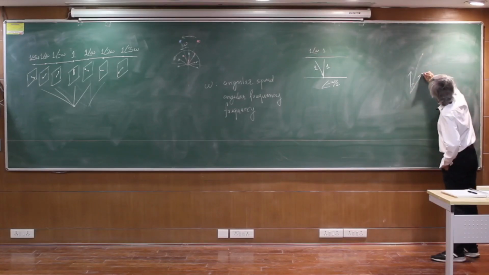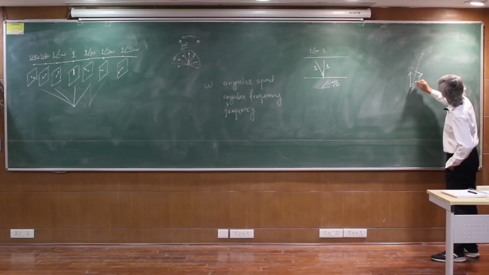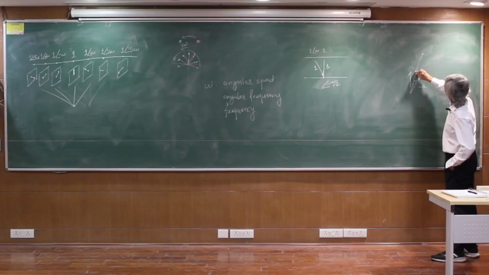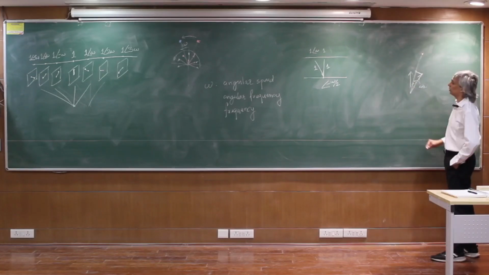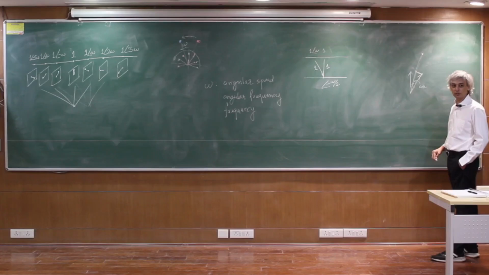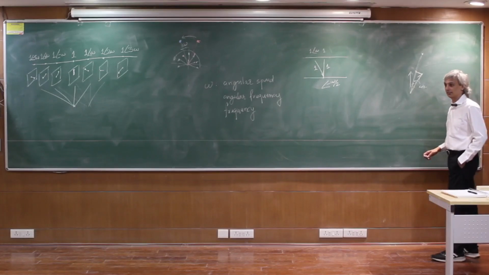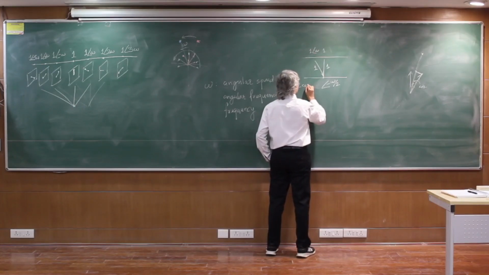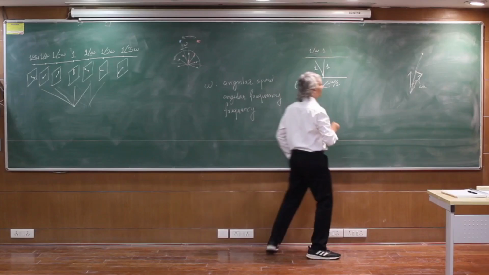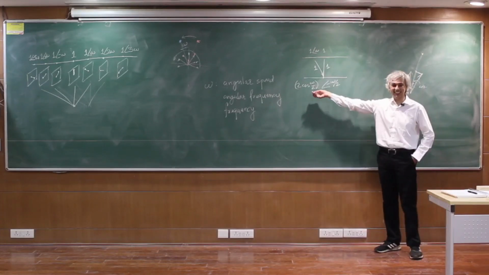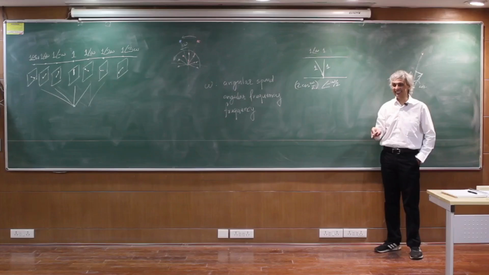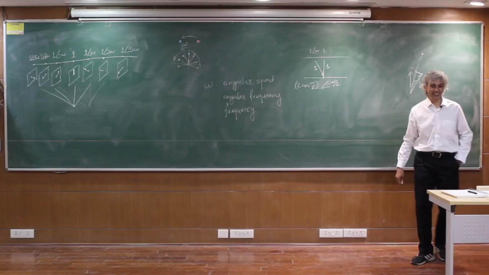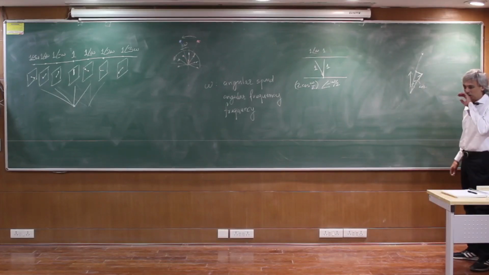If I drop a perpendicular here, this is omega by 2, this is 1, so this is cos omega by 2, and this is double that. So it is 2 cos omega by 2. I like that. 2 cos omega by 2, which is not 1 plus cos omega, by the way. Some trigonometric thing happens to this if you want to know. Anyway, we don't have to worry about it.